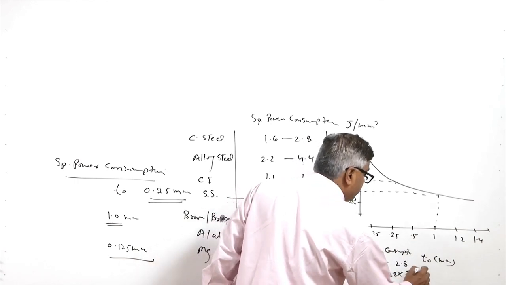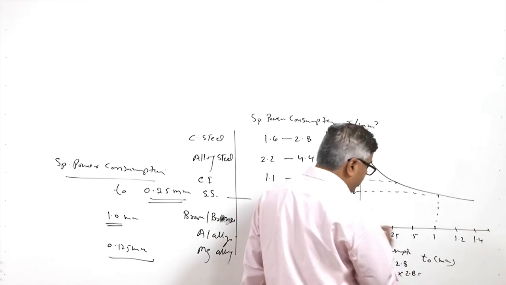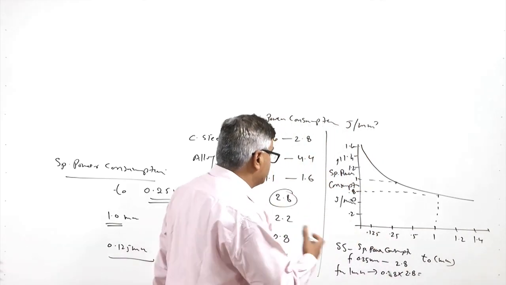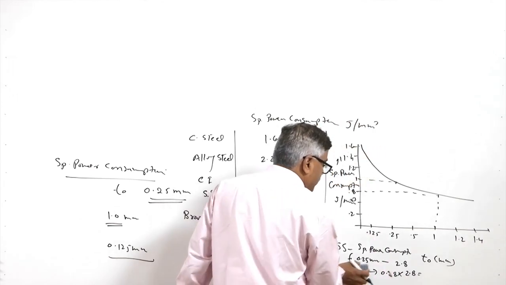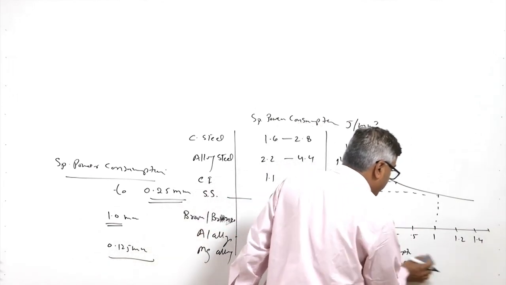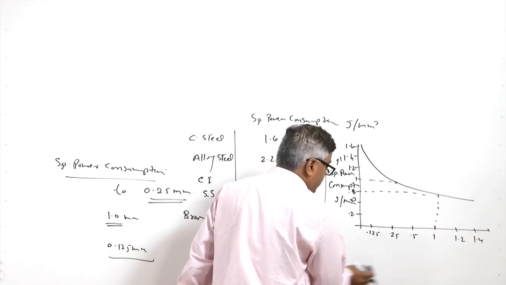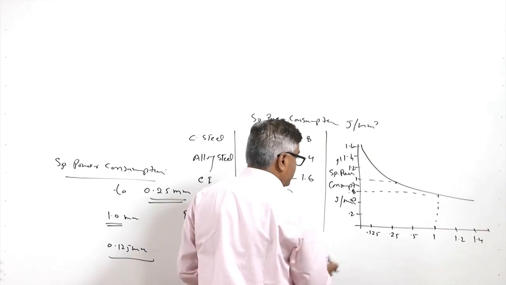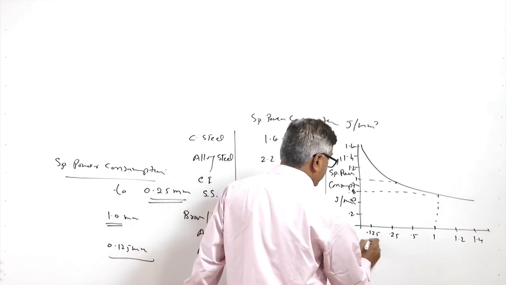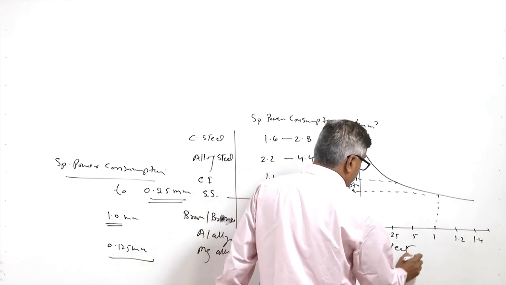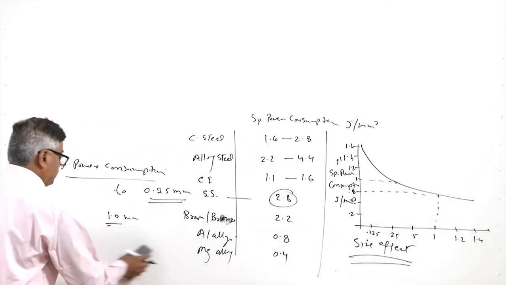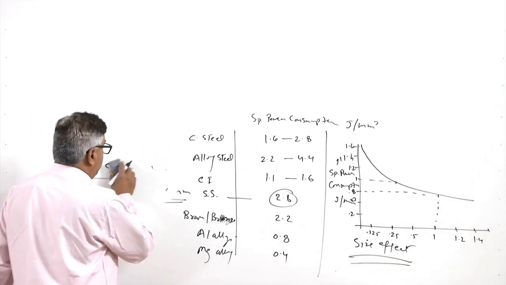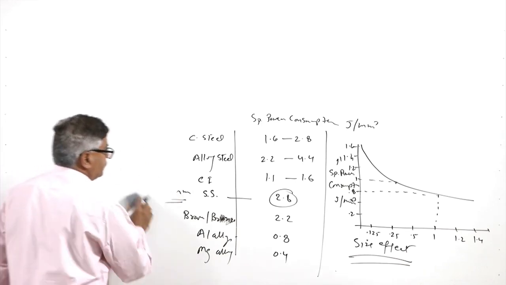Whatever specific power consumption we get will be corresponding to the 1 mm thickness. This effect of the uncut chip thickness on specific power consumption is termed the size effect in machining, meaning size effect with regard to the uncut chip thickness on the specific power consumption.